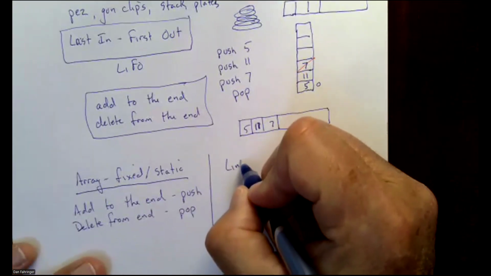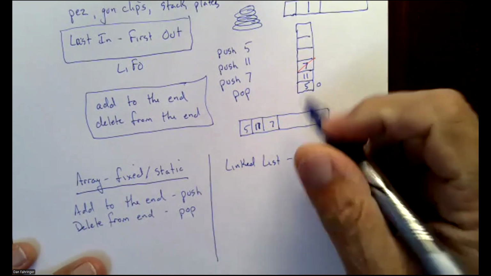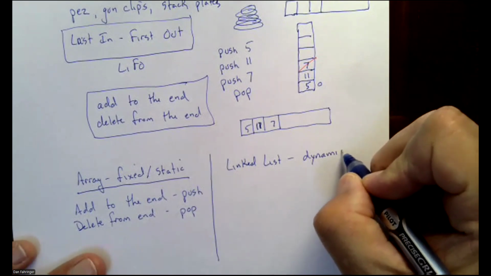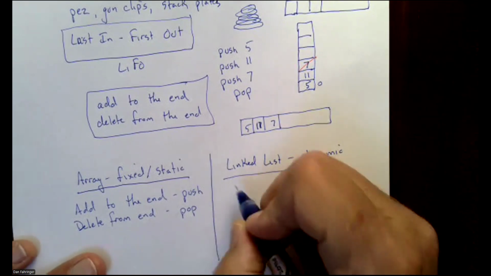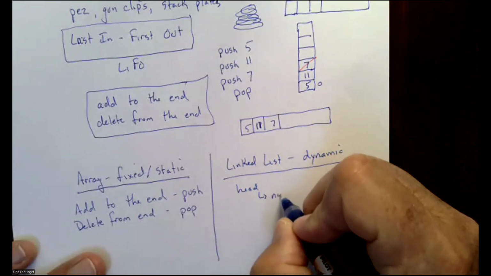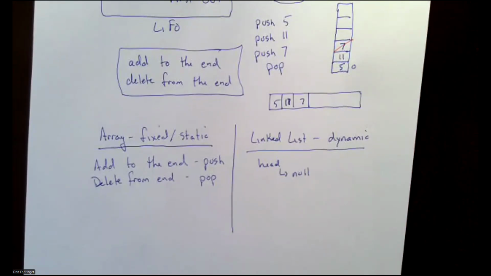Now, what I'm going to take a look at is what if I have a linked list? And again, we know that this is dynamic, it changes. Right now, I have head and it points to null. I'm going to create a node.